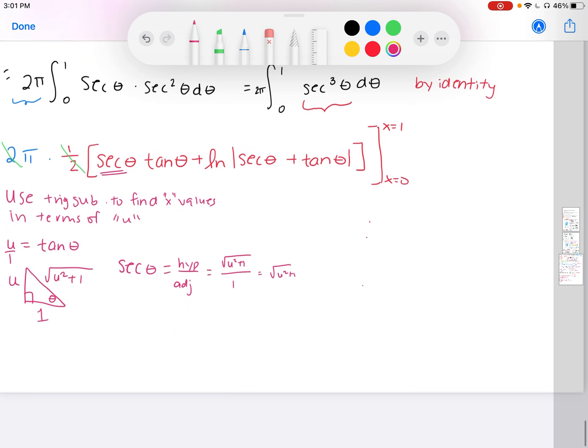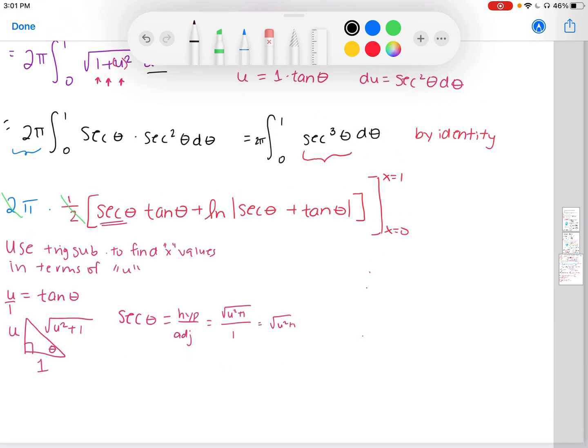Let's make those changes so that we have pi of, instead of secant, we'll write the square root of u squared plus 1 times tangent. Tangent is just u, plus the ln of, not secant theta, we said secant is the square root of u squared plus 1, plus tangent. Tangent is u.